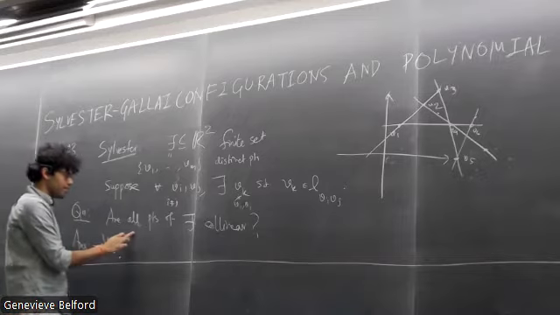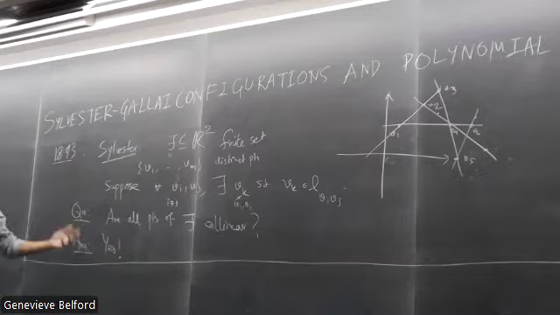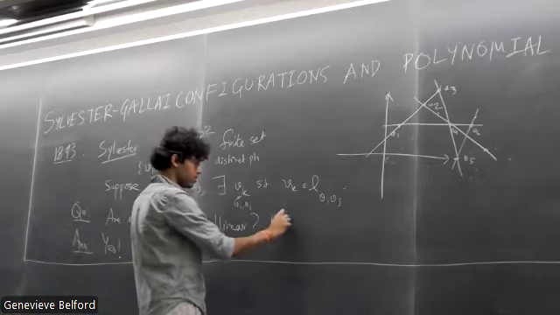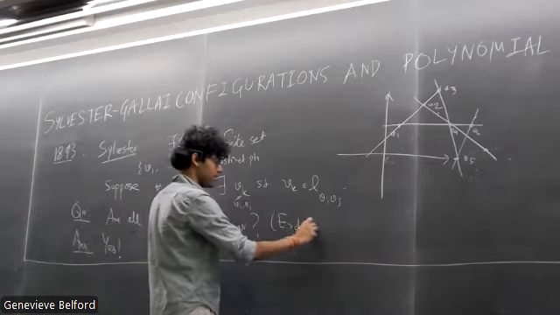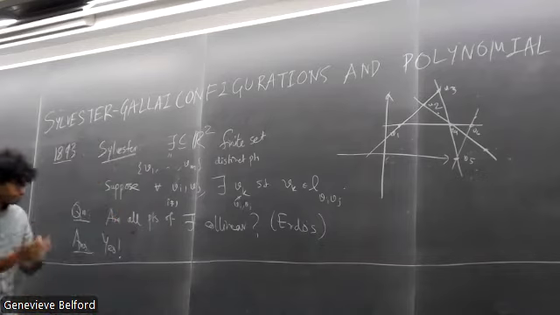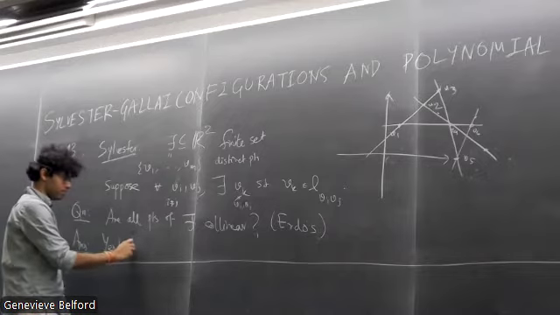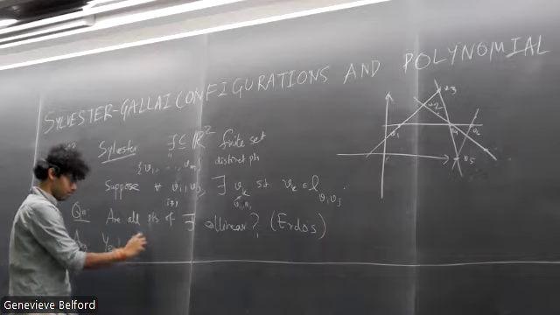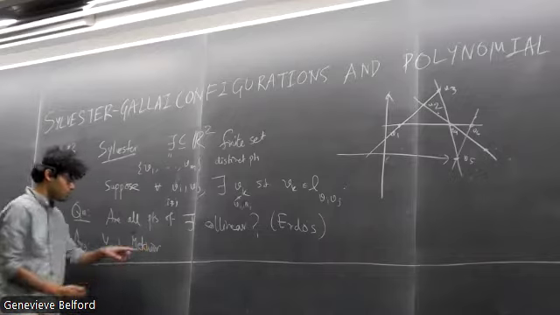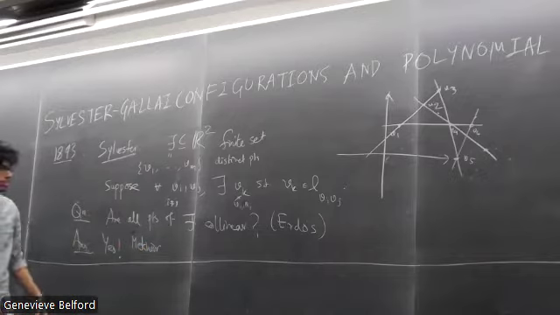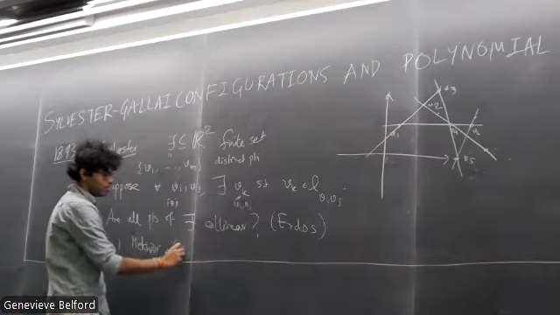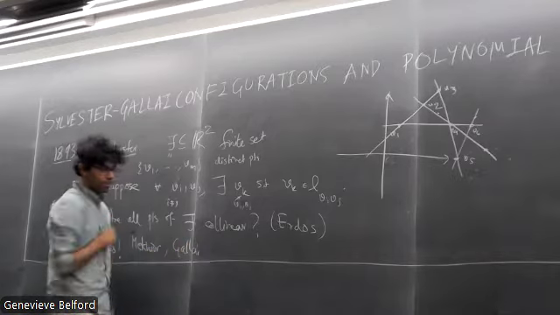This question was also independently asked by Erdős. And so there are two people to whom the solution is attributed. One is Melchior, who solved it in response to Sylvester's question, and Gallai solved it in response to Erdős's question.